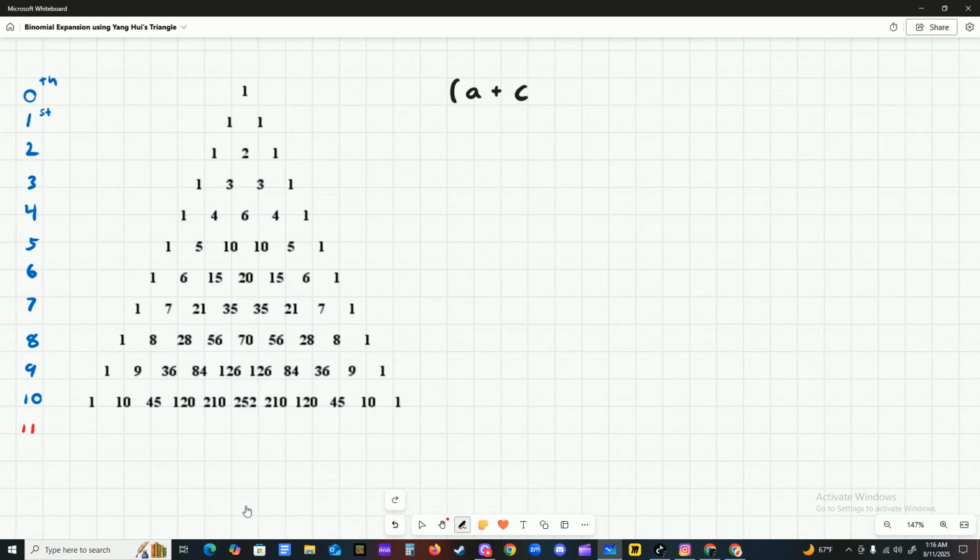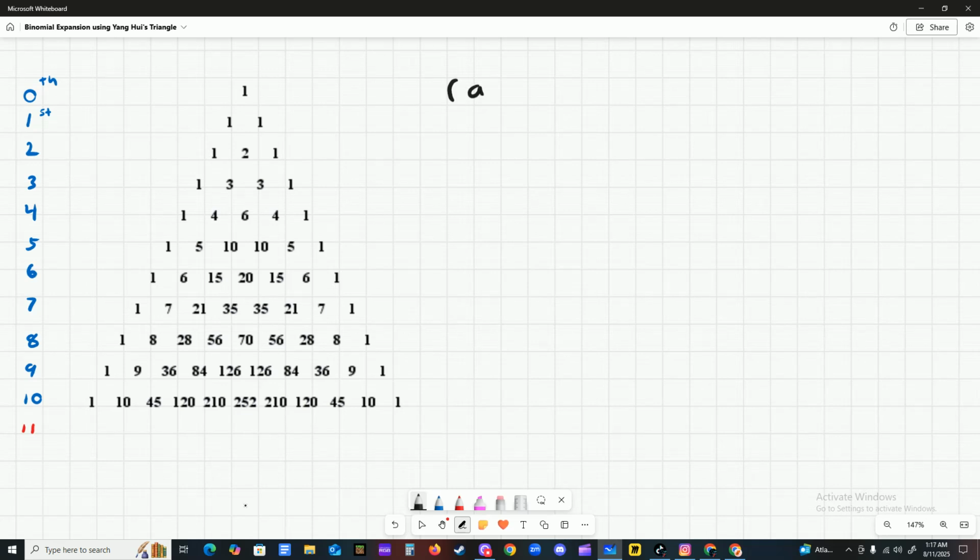Not a binomial, a trinomial, right? And it just keeps going. But it's a type of polynomial. So what the Pascal triangle lets us do is that if we expand a binomial, you actually use these coefficients. And I'll show you. Here's an example.